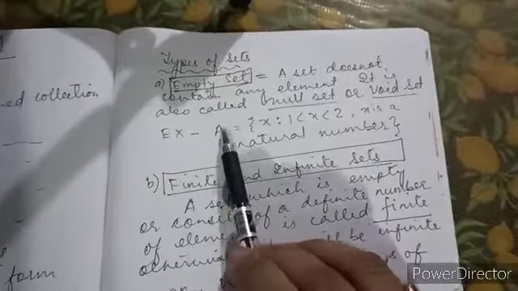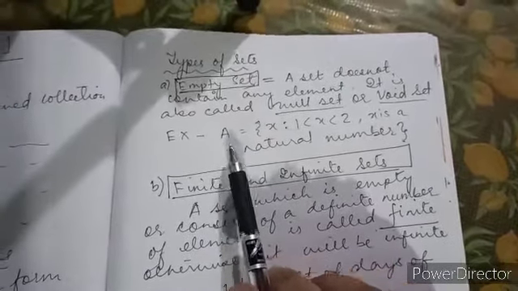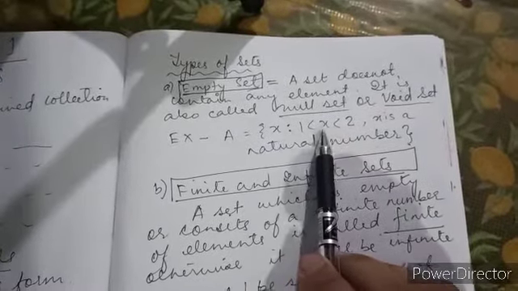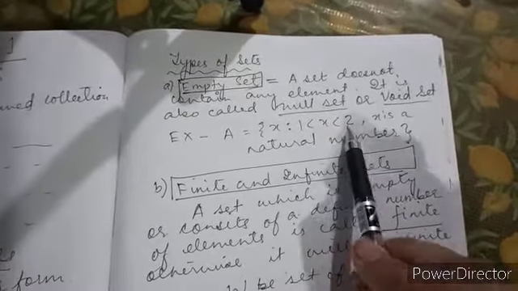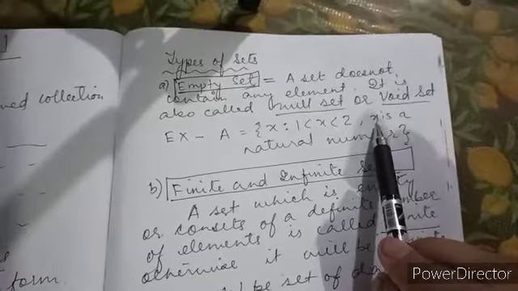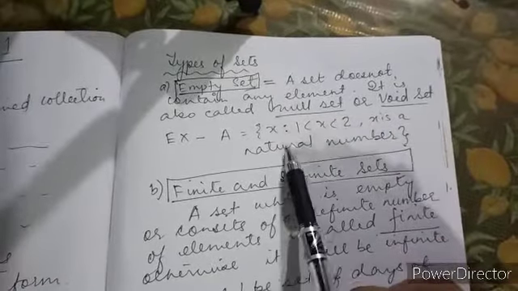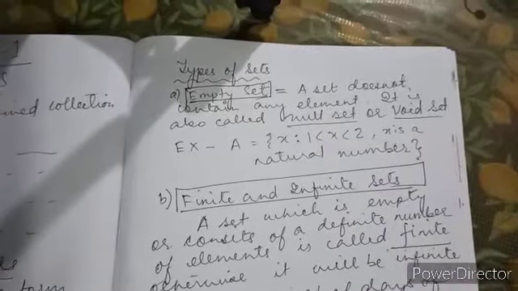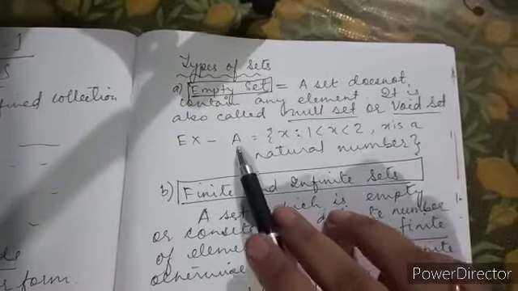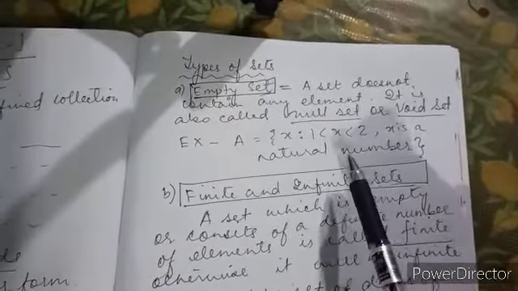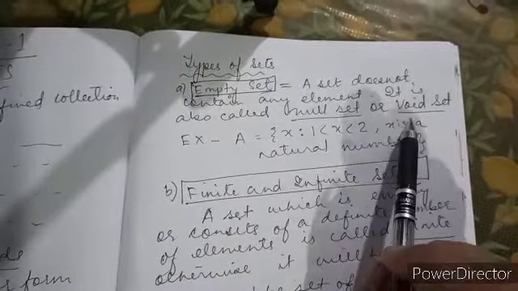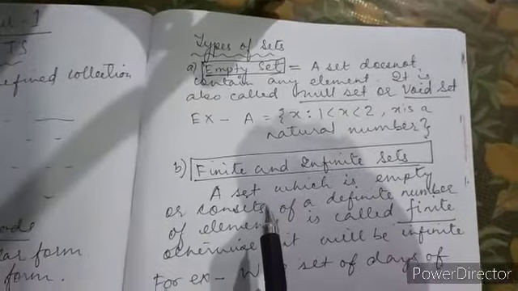Suppose I define a set A, whose elements range from 1 to 2, and I define my element to be a natural number. Can we get any natural number between 1 and 2? No. That means this set does not have any elements inside it. This type of set is known as an empty set, null set, or void set.